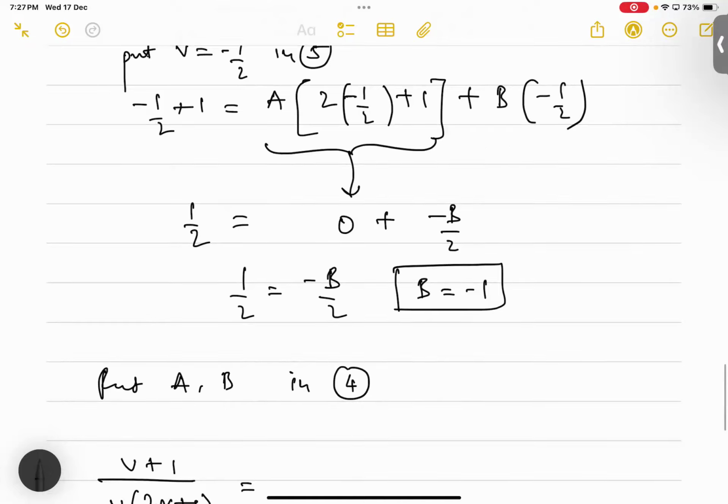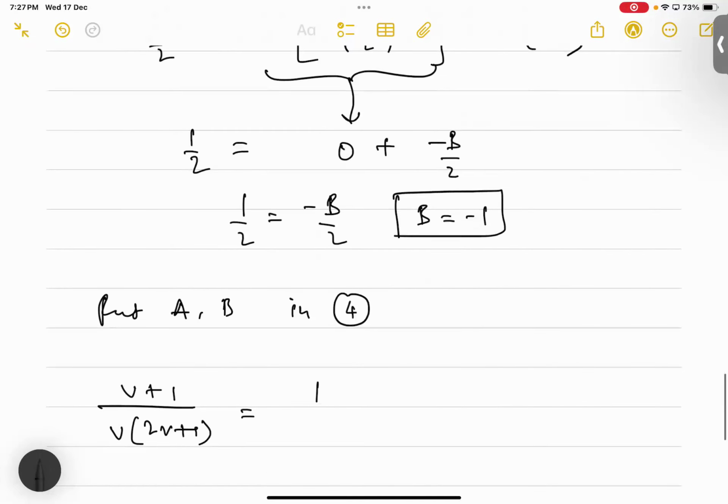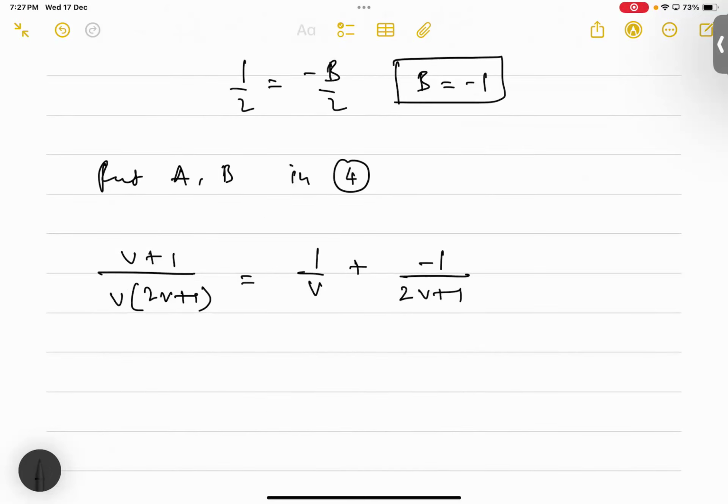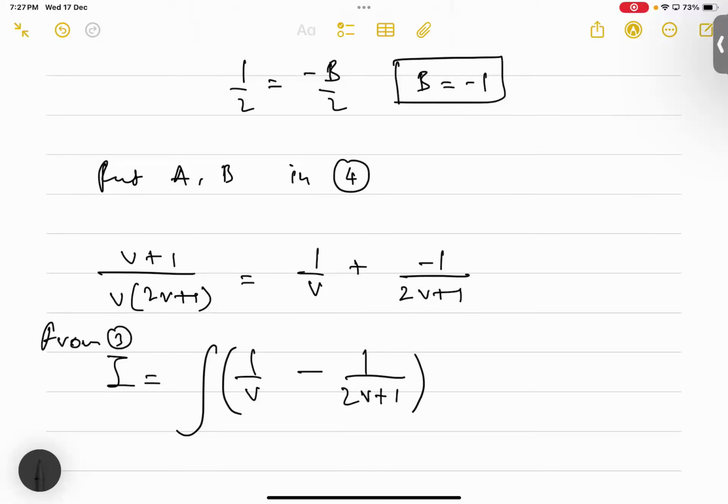What is A? 1 upon V. What is B? Minus 1, 2V plus 1. Integration. Now this is from 3. 1 upon V minus. How did this become minus suddenly? Plus into minus is minus.